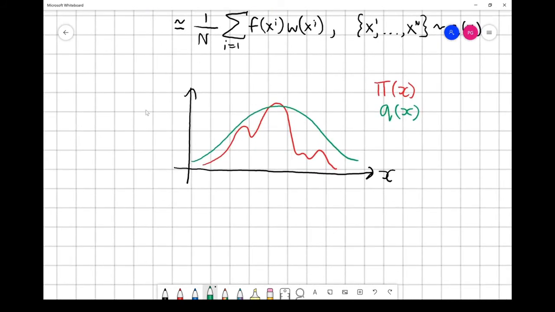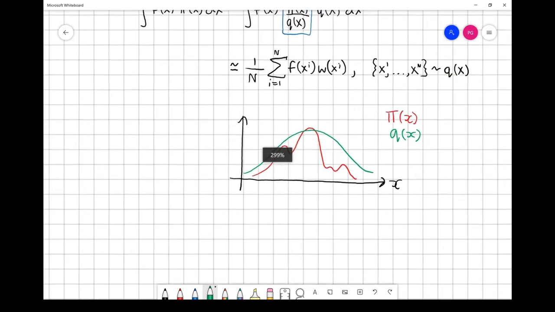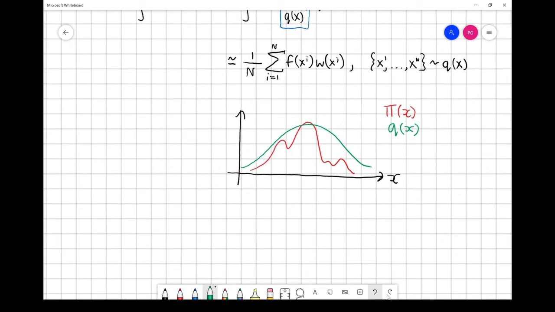What we've done here is we've been lucky and happened to suggest a proposal that has roughly the same support as the target. If we made a mistake, let's go back to here, and let's say we accidentally used a really, really enormous proposal distribution. So that's our new Q of x.